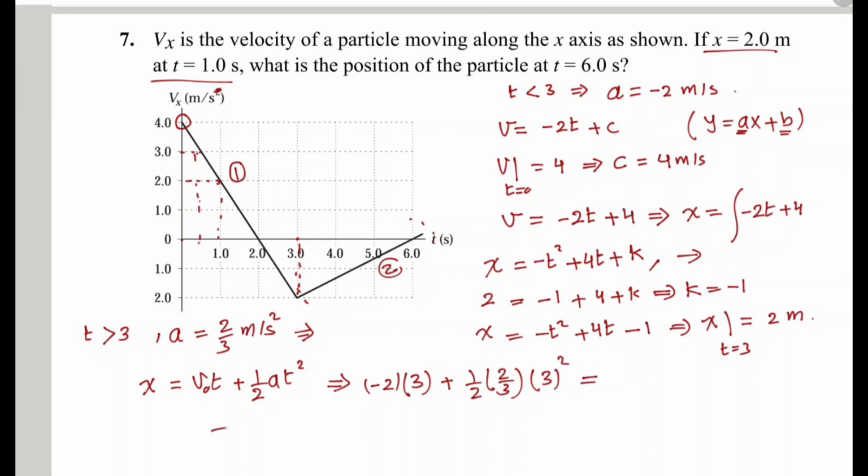You substitute this, minus 6 plus 3, equal to minus 3 meters. Now the final position equal to minus 3 for the second part plus 2 for the first part. In total, it's minus 1 meters.